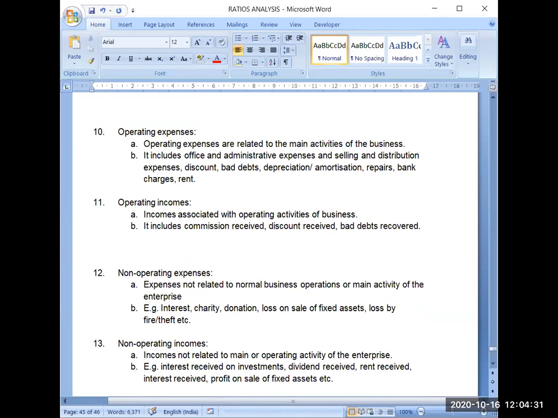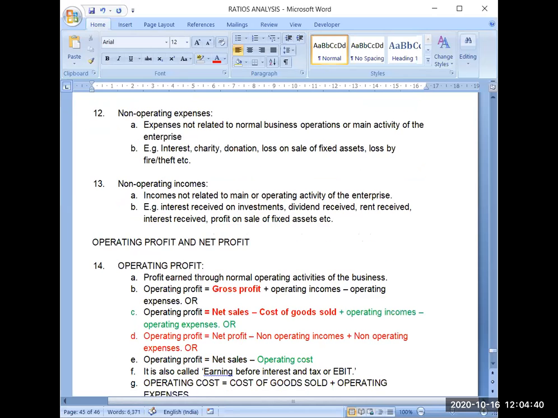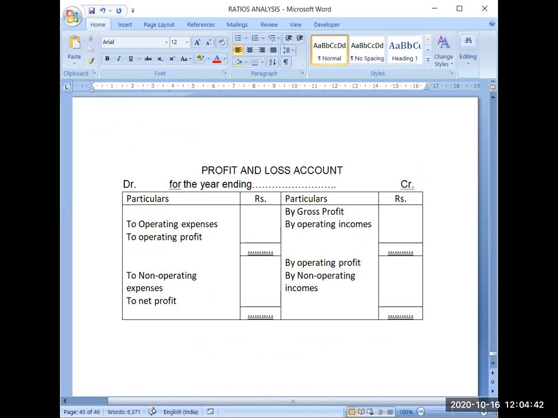Sometimes you may need this also in net profit ratio. There will be different combinations of operating expenses and operating incomes. And please be familiar with this chart also tomorrow. We will take help of this in some formulas. So if you remember this, many formulas will become easy for you.